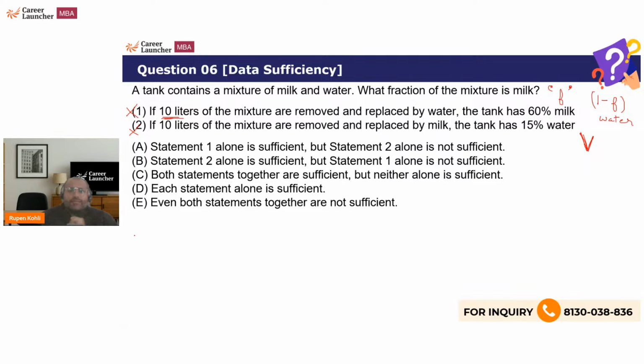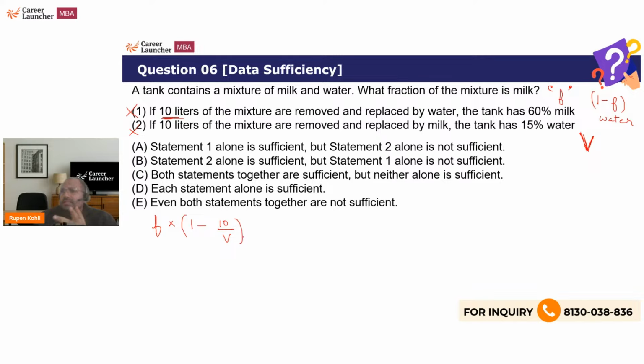In the first case, we are diluting milk because water is being poured in, so the fraction of milk will go down. The final fraction of milk is 60%, and that will be its initial fraction times, so f into 1 minus 10 by v, right?